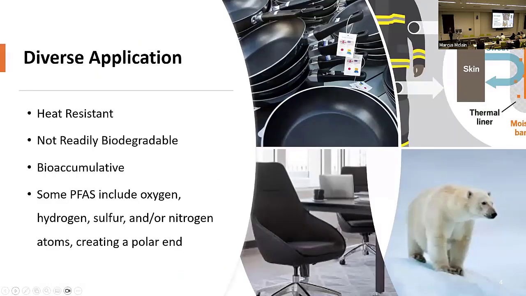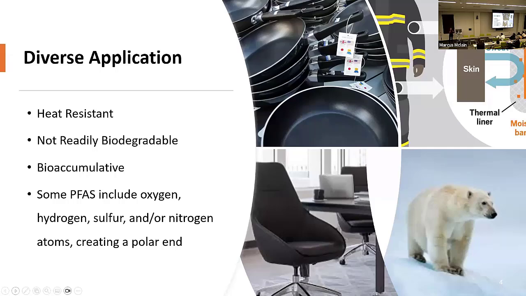And here you can see the diverse application of these chemicals. Because of the heat resistance of these chemicals, they are used in non-stick cookware, and they are not readily biodegradable. And they can accumulate in living organisms like polar bears.